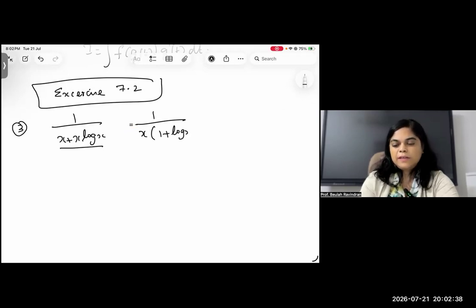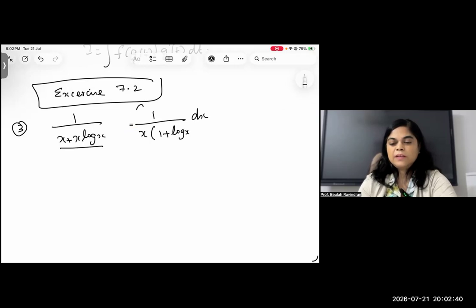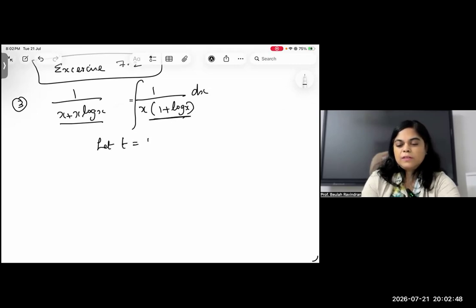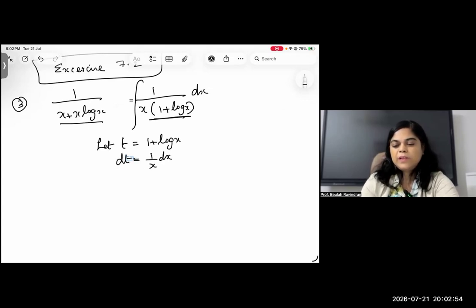This is the indefinite integral you have to find out. In this, you can take this alone as t. Let t is equal to this, then dt is equal to 1 by x dx. Clearly, it's visible. You can substitute in this.